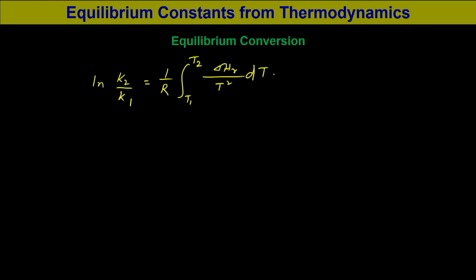Now, this delta H r, if it is temperature dependent, then it can be written as delta H r naught plus integral T naught to T delta Cp dT.